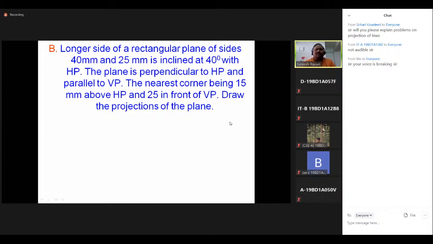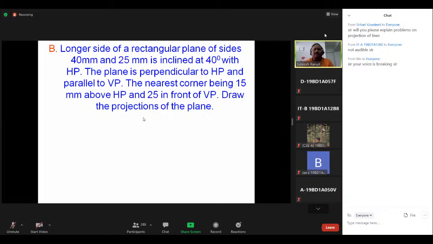So in that particular problem, the rectangular plane is in its right position. For example, if the longer side of the rectangular plane of sides 40 by 20 mm is inclined at 40 degrees with HP. Earlier, the longer edge or the nearest edge was parallel to both HP and VP, 10 mm above and 20 mm in front of.